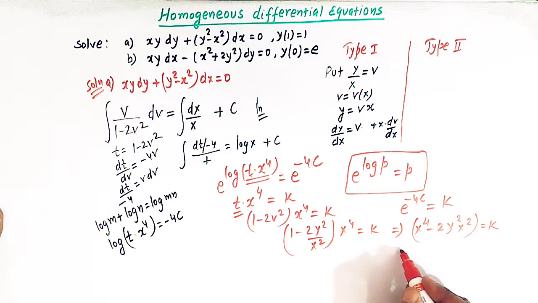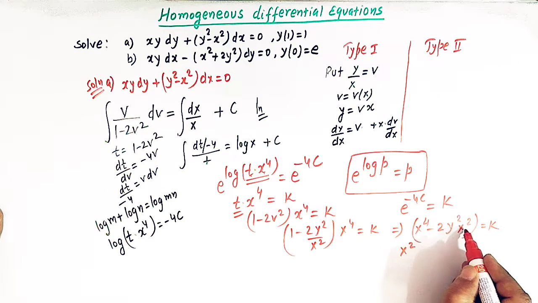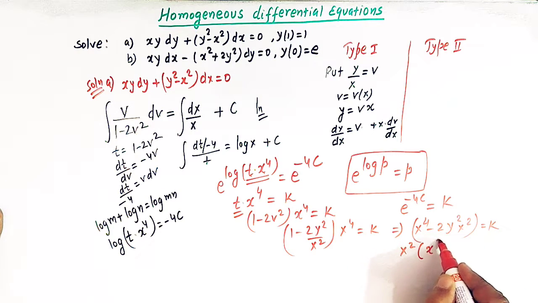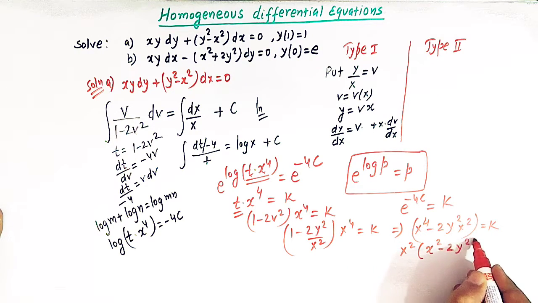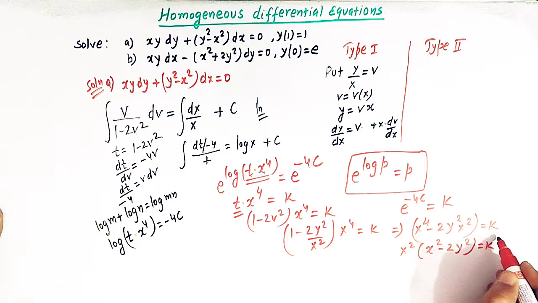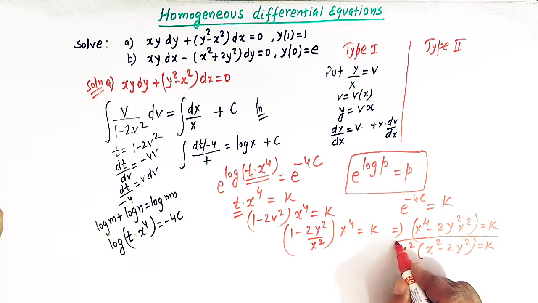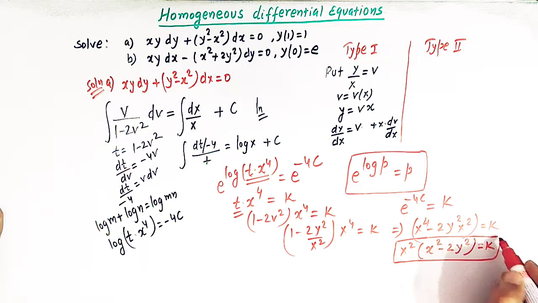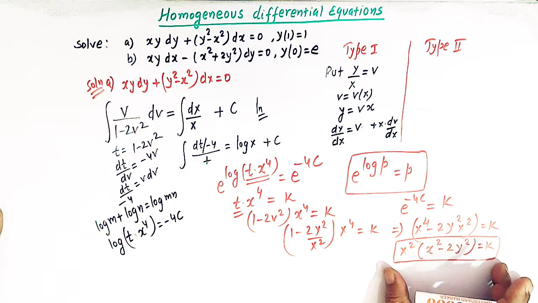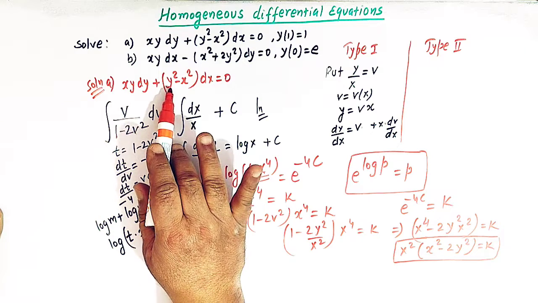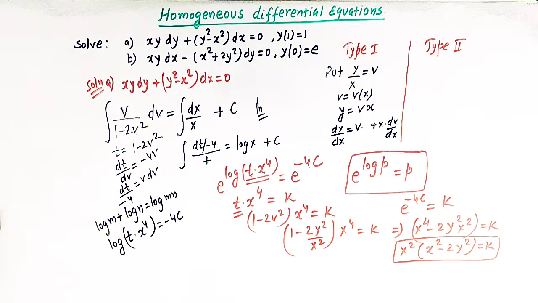So we can also write this solution as x square, taking x square common, we have x square minus 2y square is equal to k, where k is some constant or the constant of integration. So this is the general solution of this differential equation.